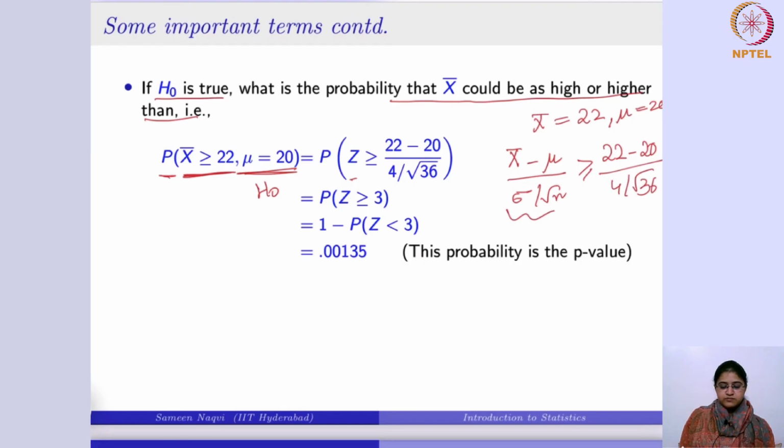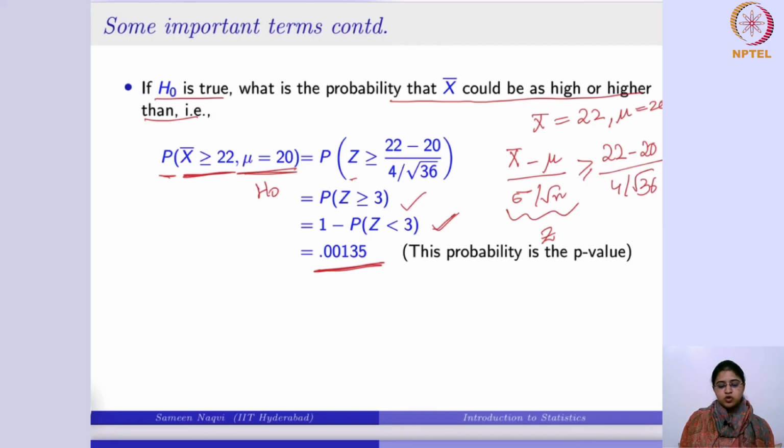So basically this becomes your z. And you solve the probability that z is greater than or equal to 2. This is the same as 1 minus that, and if you look at the table, this comes out as 0.00135. So this probability is the p-value.